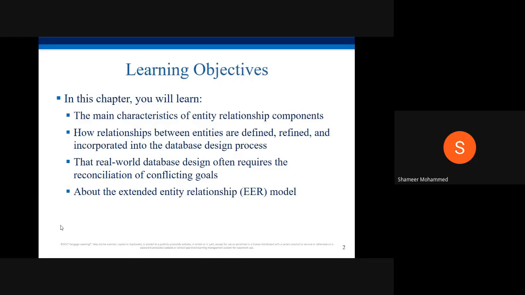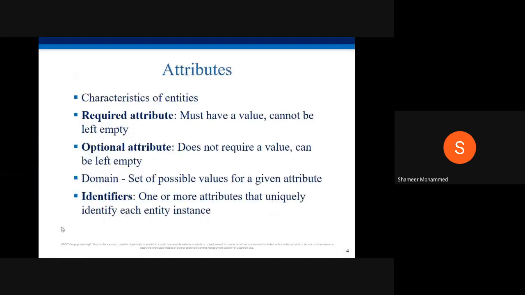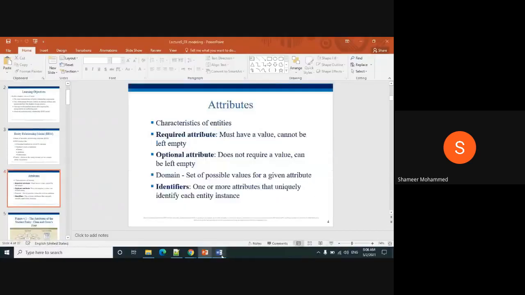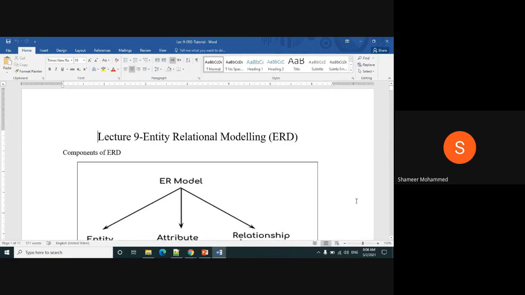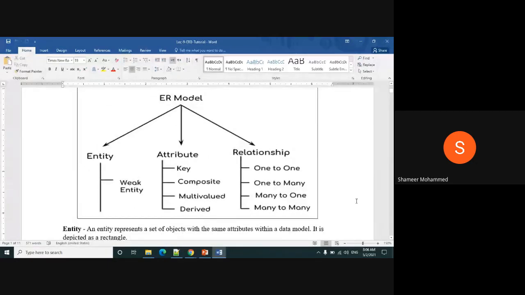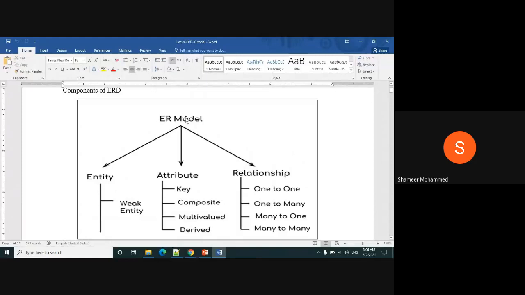Now, let us start. Instead of these slides, I have prepared a tutorial for this lecture. It will be easier for you to understand, so I will move to that tutorial. This is lecture 9, ER modeling. The ER model components are: first one is entity, next one is attribute, and the third component is relationship.